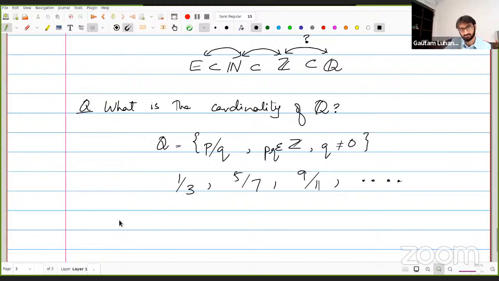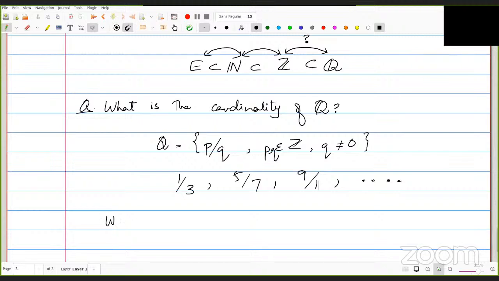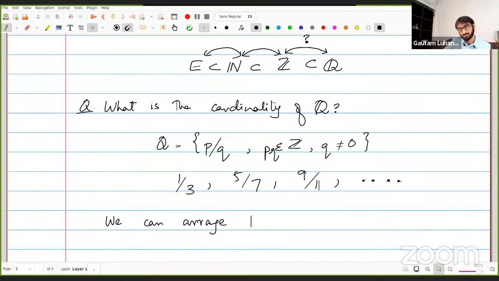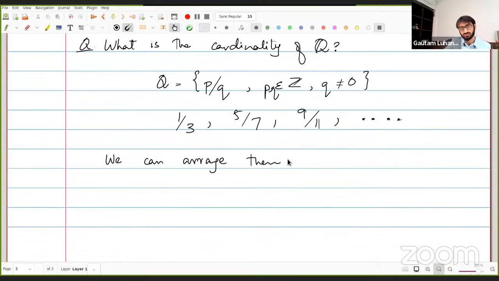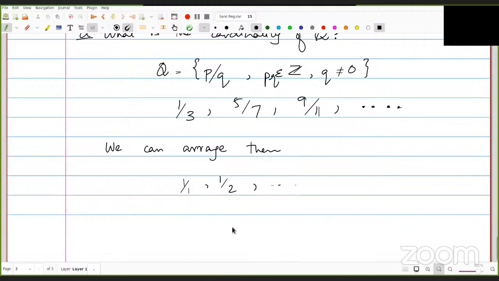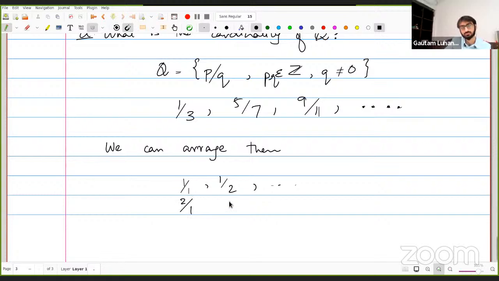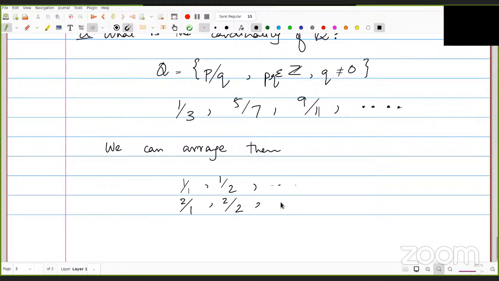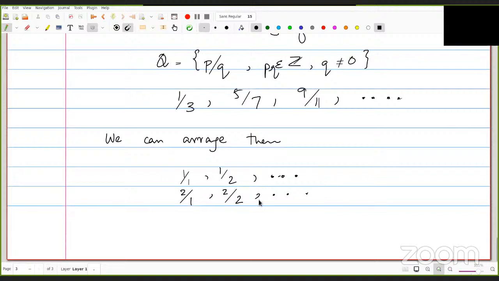You start with 1 over 1, then 1 over 2, and then below 1 over 1, there's 2 over 1, and then 2 over 2 on that. And it continues on the bottom as well. So there's 3 over 1, 4 over 1.